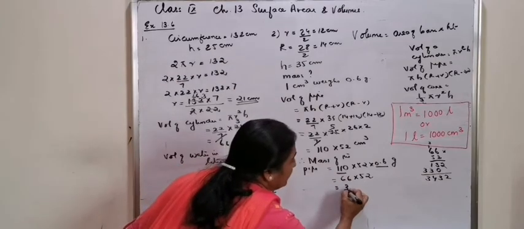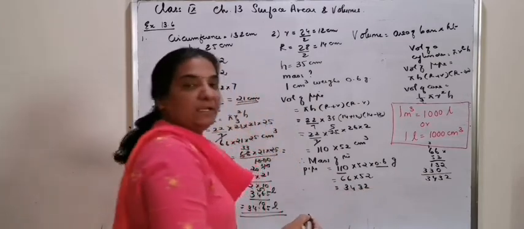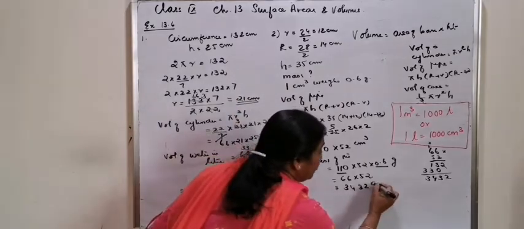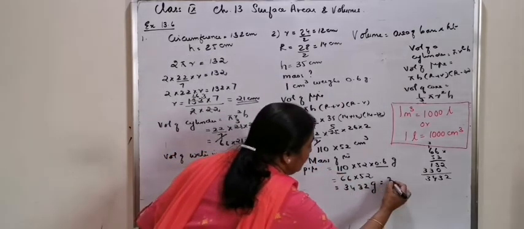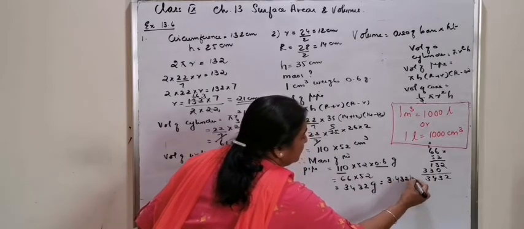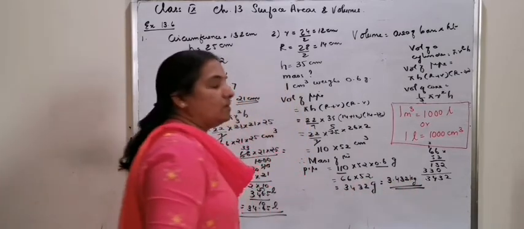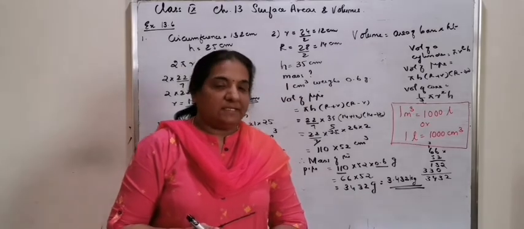It is 3432 grams. How do you convert into kilogram? Divide by 1000, which is equal to 3.432 kilograms. Or even if the answer is in grams, it is correct.